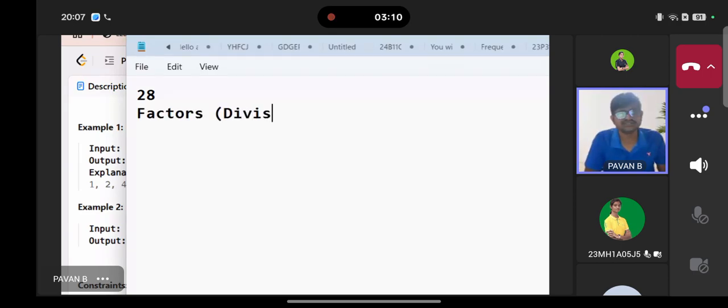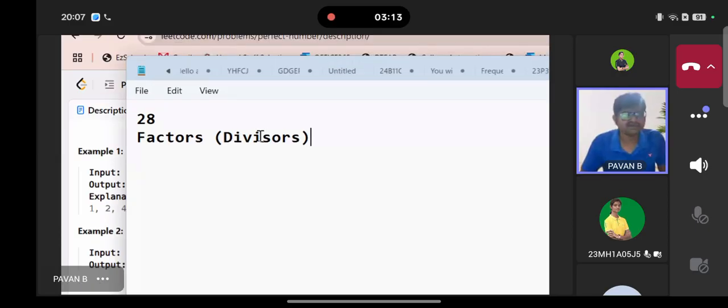Sometimes factors are also called divisors, because they divide the number. You need to find the factors, and we all know that the factors of 28 are 1, 2, 4, 7, 14, and 28.